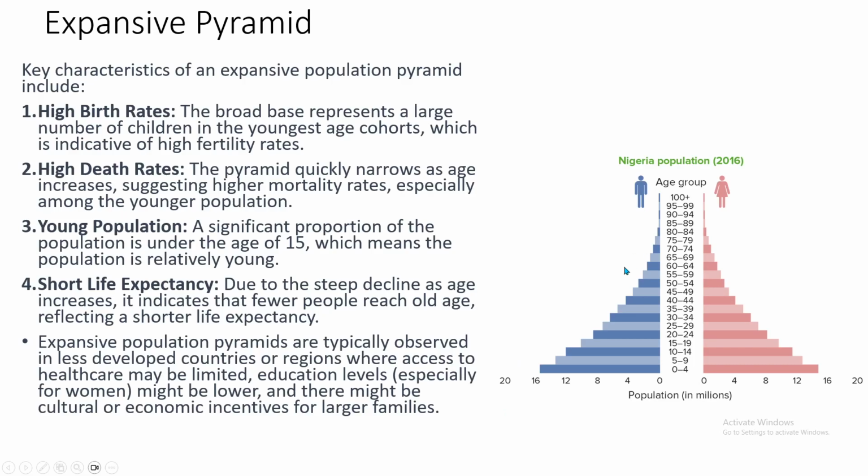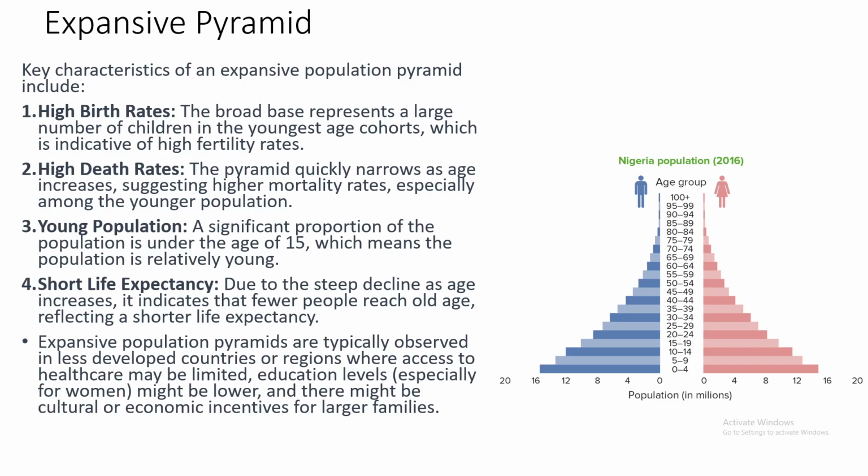The reason we can tell this is that it has high birth rates, because when we look at the age cohorts between 0 and 4, 5 to 9, 10 to 14, this younger age group, our dependents, makes up the largest population when we compare it to our middle and older ages. So what that tells us is that they have quite a high birth rate.